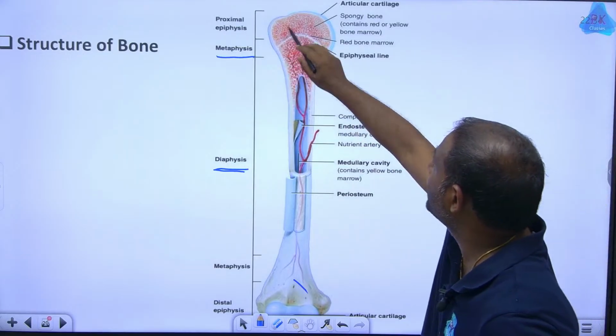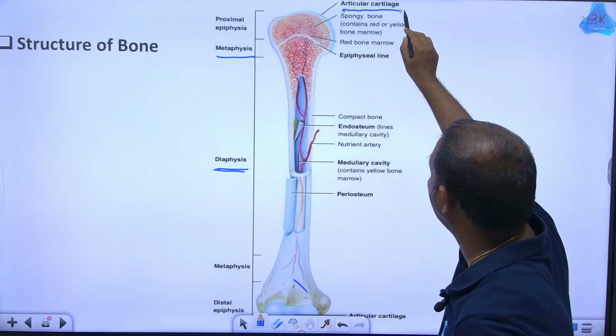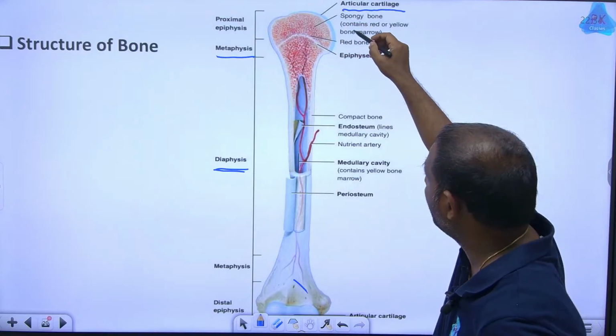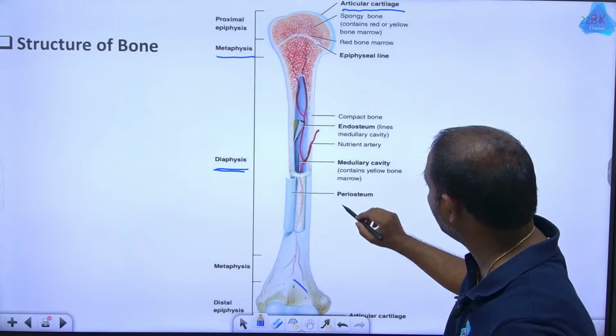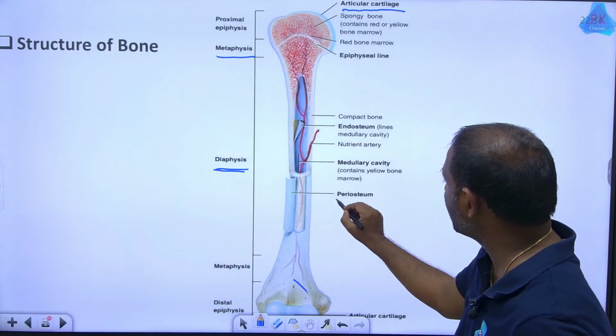And at the epiphysis you have the articular cartilage. So wherever there is no articular cartilage, you have the periosteum.